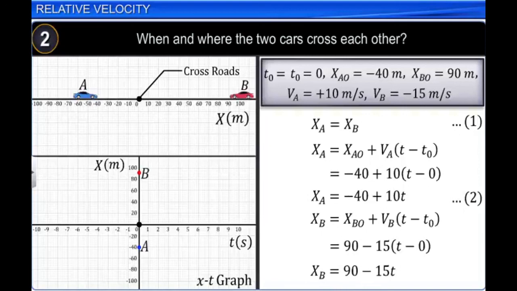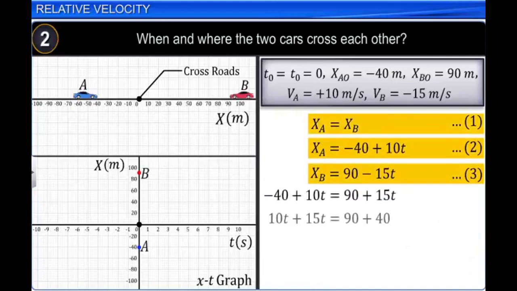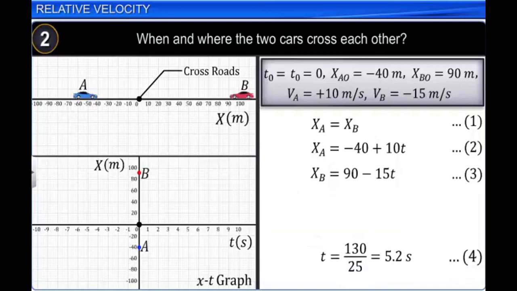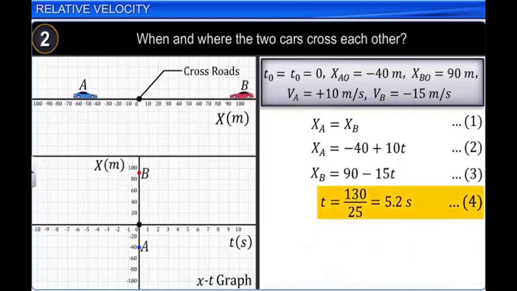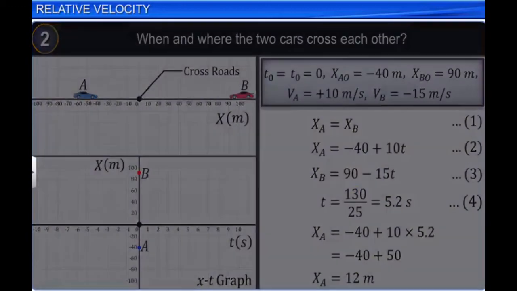Substituting equations 2 and 3 in 1, we get T equals 5.2 seconds, which is equation 4. Substituting equation 4 in 2, we get XA equal to 12 meters. Therefore, the two cars cross each other at 5.2 seconds when the position coordinate is 12 meters.